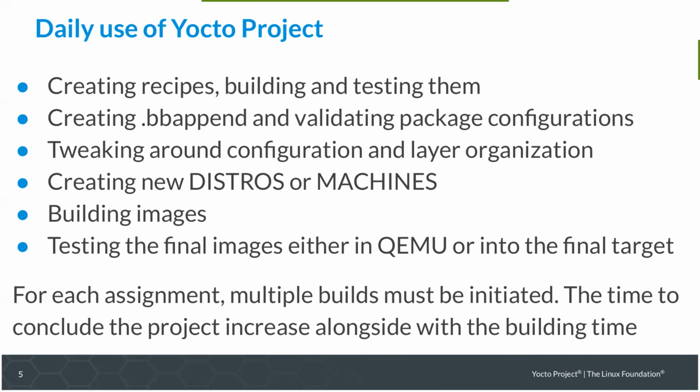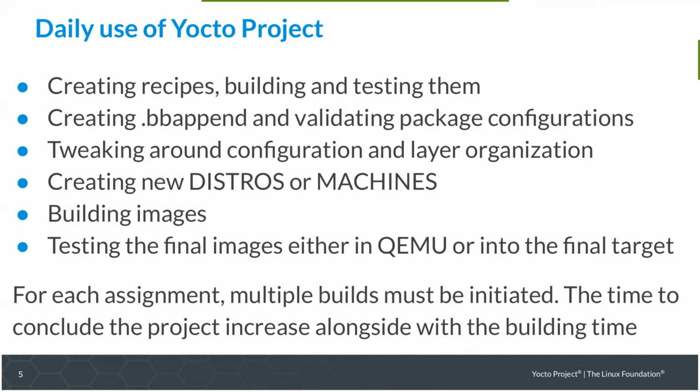You're creating bbappends, validating package configuration, tweaking configuration, managing layer organization, creating new distros or machines, and finally building images and testing these images either with QEMU or on the final target. All of those activities with the building process take time.